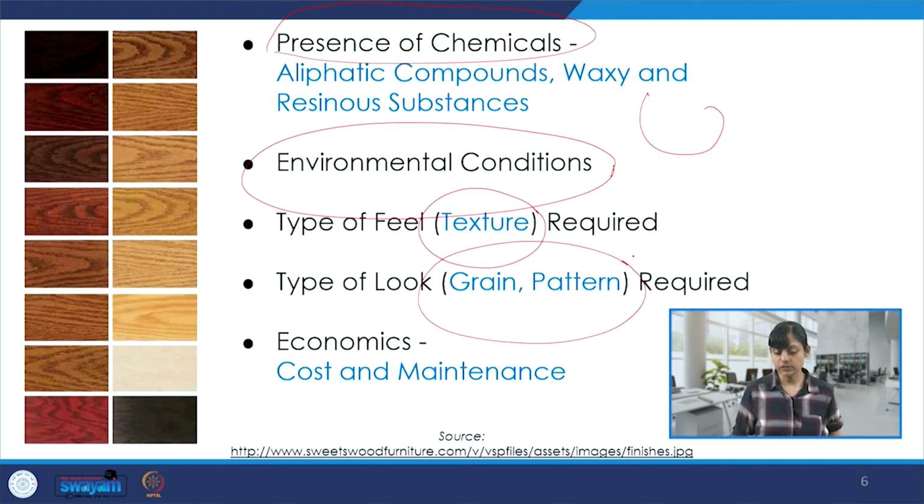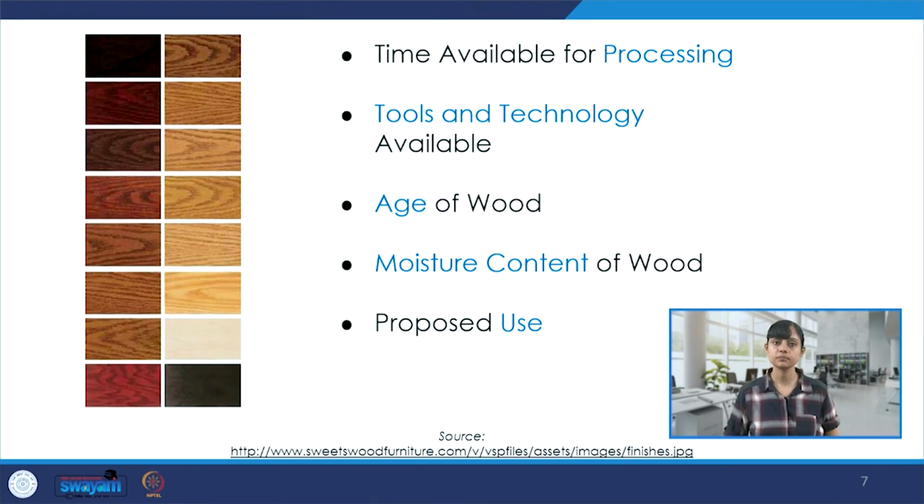Also, the kind of grain and pattern that would give a certain appearance or look or aesthetic aspect to the project or the product where they are utilized. And also, what is the economics behind procuring and applying that timber, including the maintenance and operational aspects.